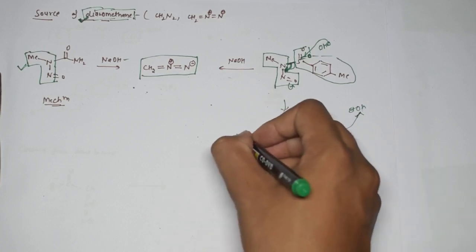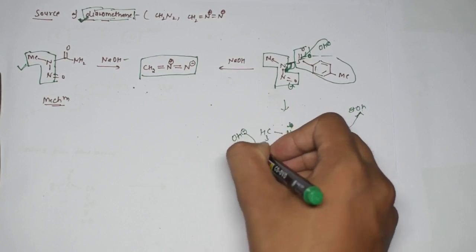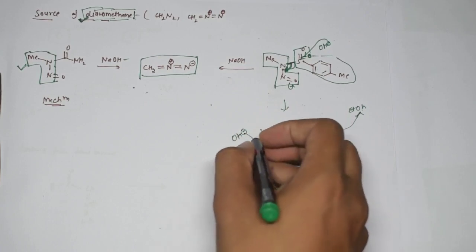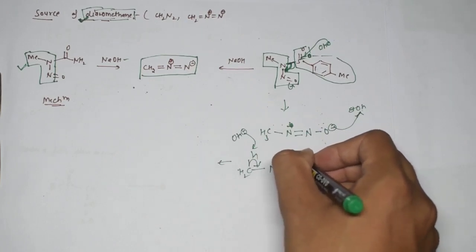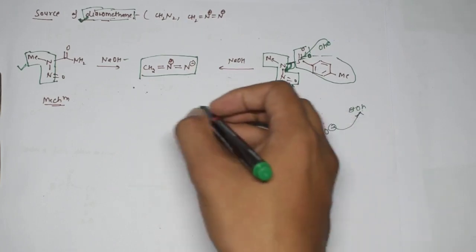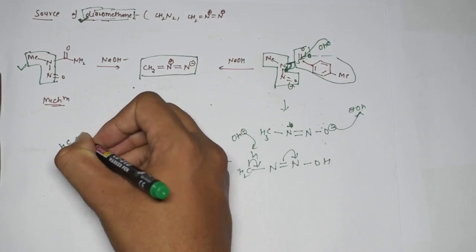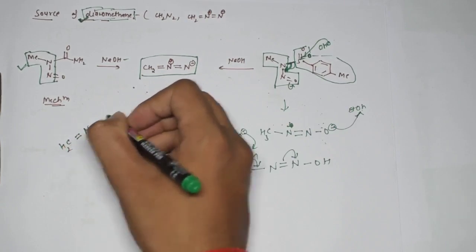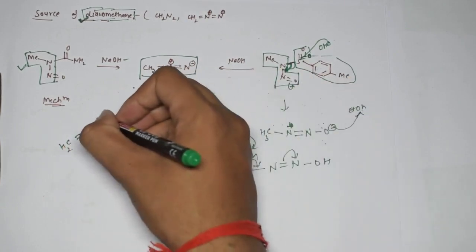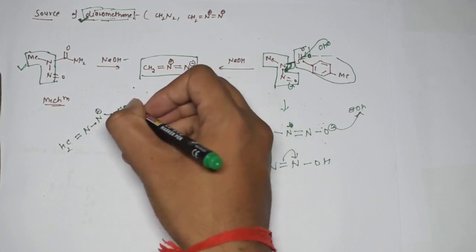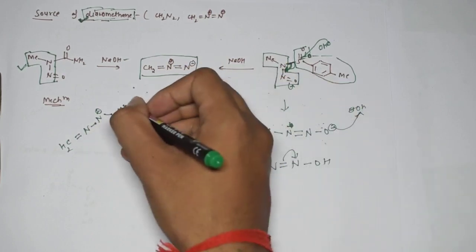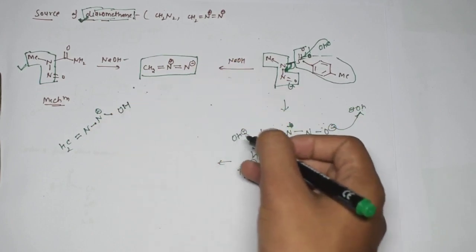After this, if again this base abstracts this proton, here we will have this CH2 minus, right? And this minus will shift over there, and this will shift on this carbon, so this will become N minus. So here we will have CH2 double bond N, single bond N minus, and here this as OH like this.